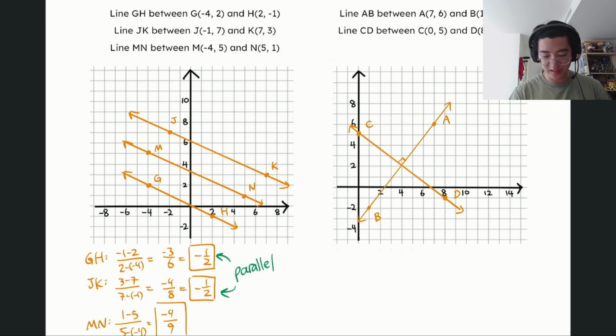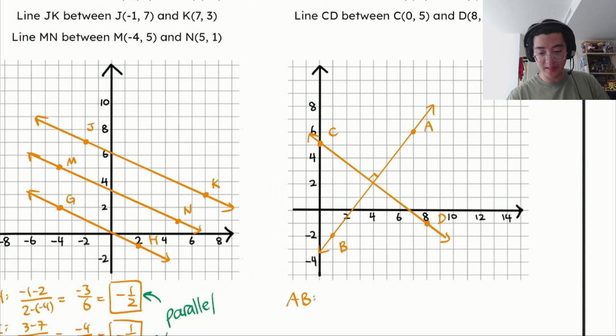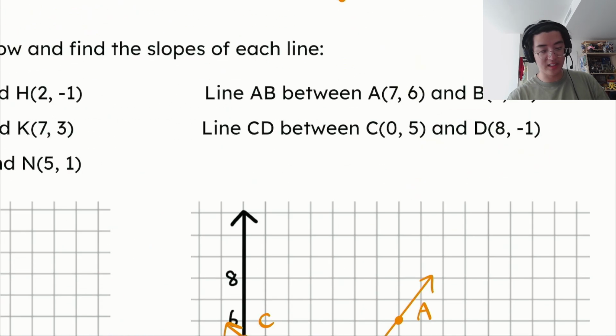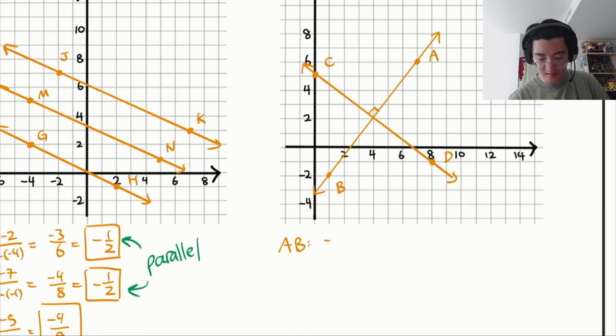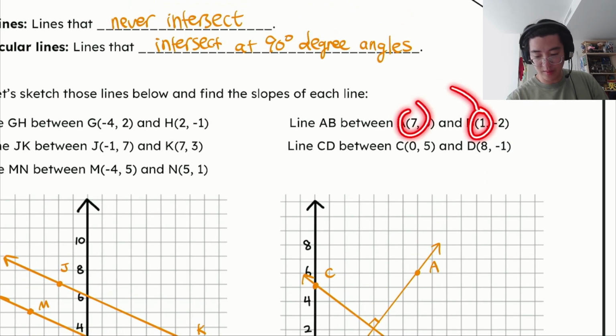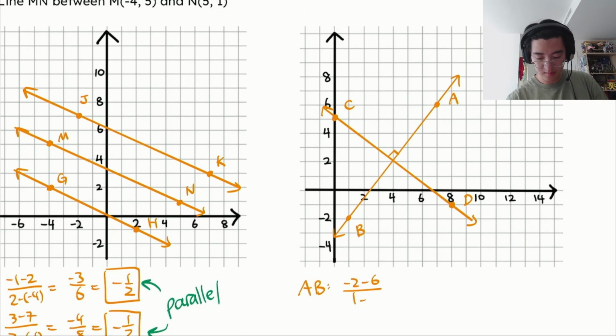Right, so we're going to check out the slopes here. At line AB, it's this point minus this: negative 2 minus 6, and then 1 minus 7, which gets reduced to 4 over 3.